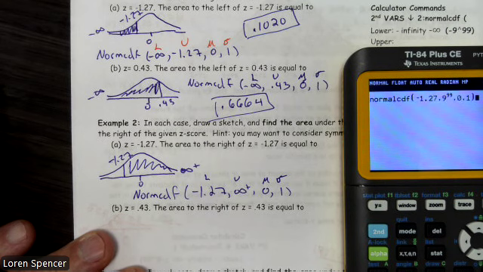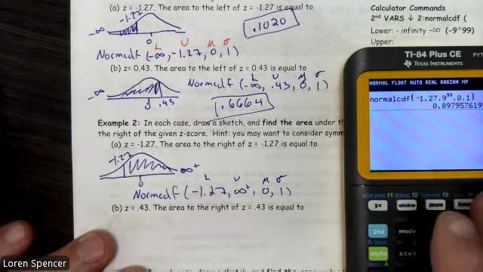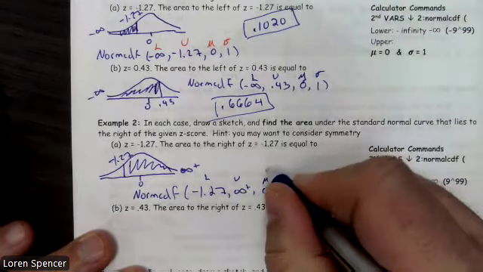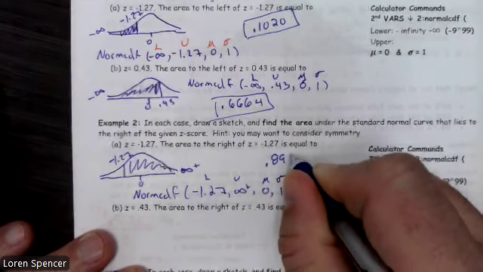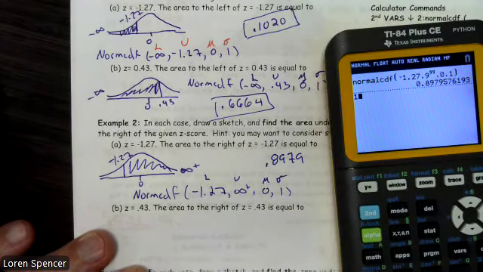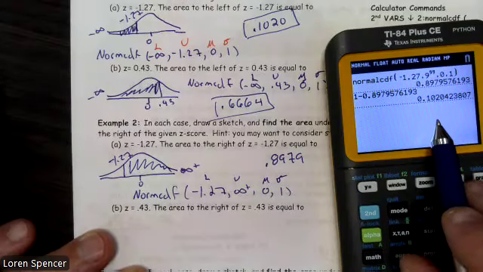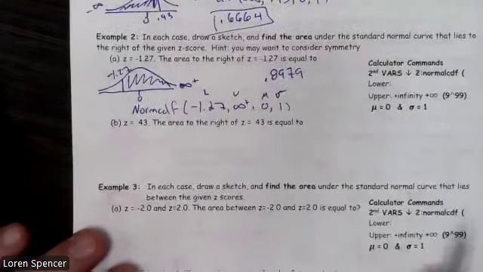Mean is 0, standard deviation of 1, and about 89% is above you. This is not a percentile rank. This is just saying that 89% is above you, 89.79%. And really, if I subtract it from 1, you're back at the 10th percentile.